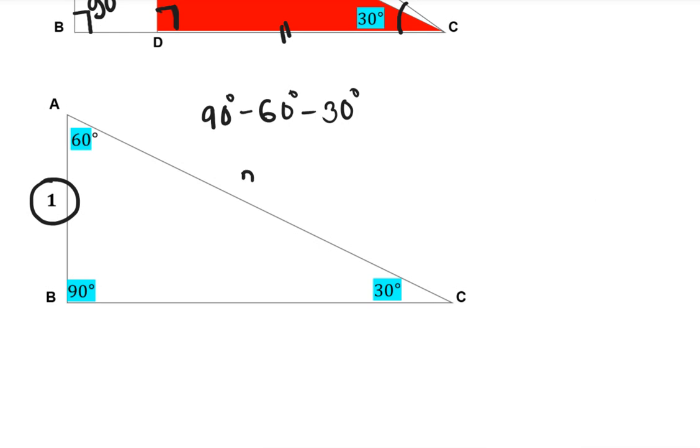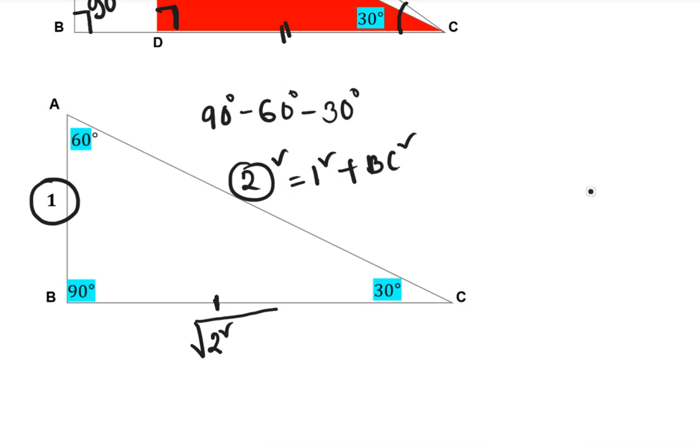Indeed, this will be 2 units, and as this is a right angle triangle, BC will be square root of, because 2 is the hypotenuse of this triangle. By using Pythagoras theorem, hypotenuse square is equal to 1 square plus the BC length.